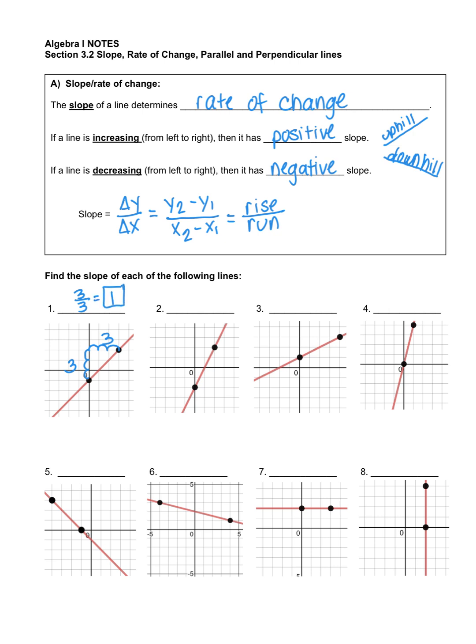Let's do number 2. We're going to start at our first point on the y-axis. We go up 1, 2, 3, 4. So we went up 4, and now we're going to go to the right, 1, 2.